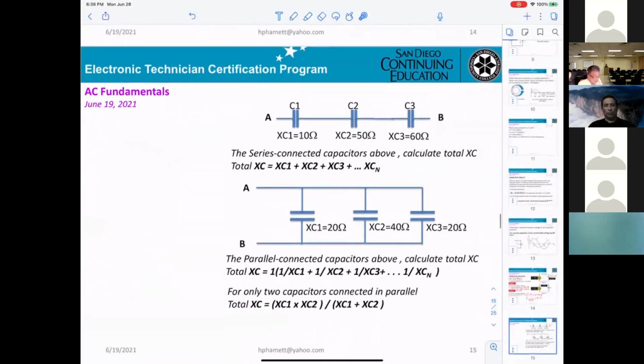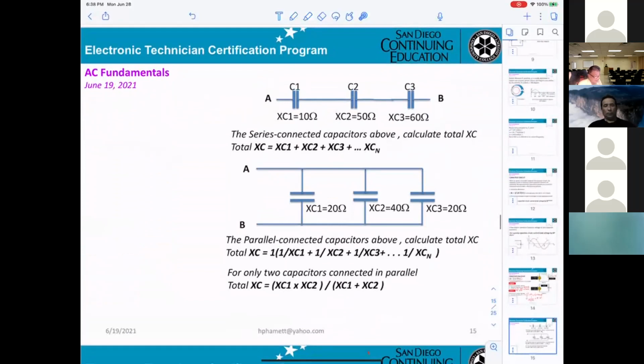And this is now when you get capacitors connected in series. However, the value here is not farad, microfarad, or millifarad, but the display will be capacitive reactance. That means in ohms.